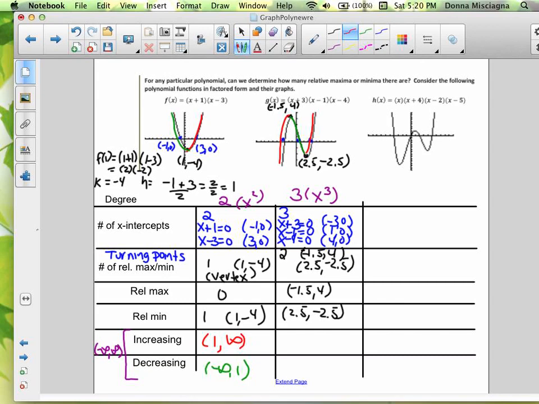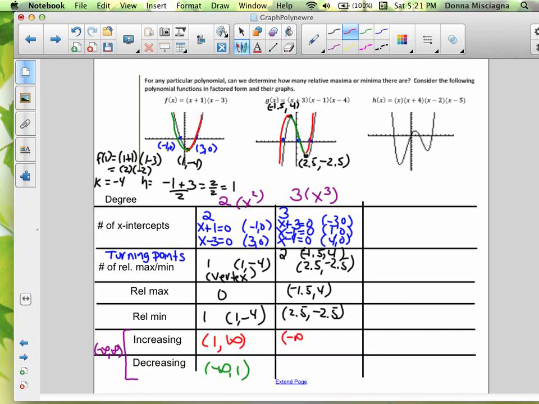Now, it's always going to start at negative infinity, right? Whether it's increasing or decreasing, it kind of just depends on your graph, right? So for the first graph, it was decreasing from negative infinity. And then on this graph, it's increasing from negative infinity. But negative infinity is going to be your starting point somewhere, right? So here, negative infinity is increasing, my shadow was blocking it.